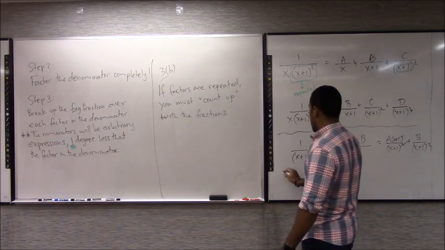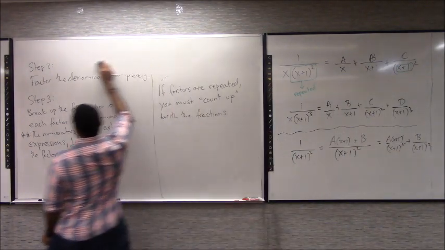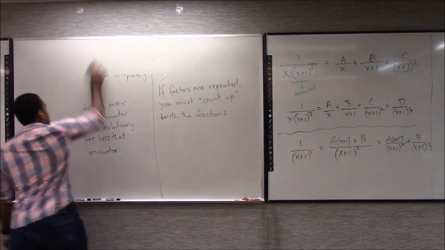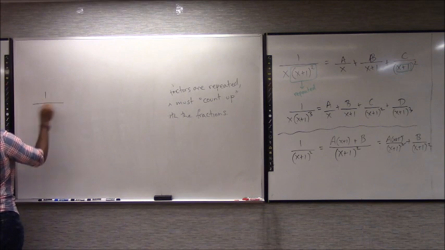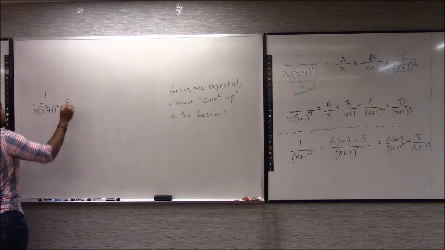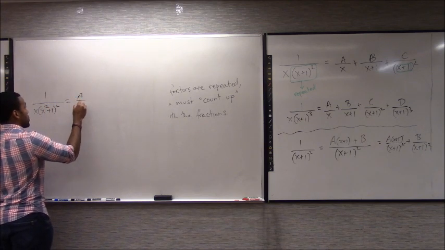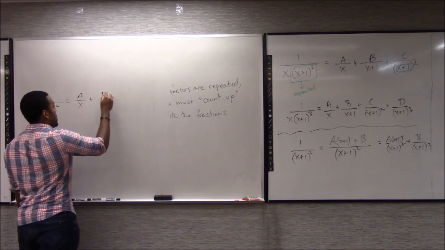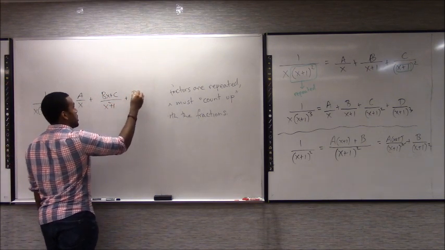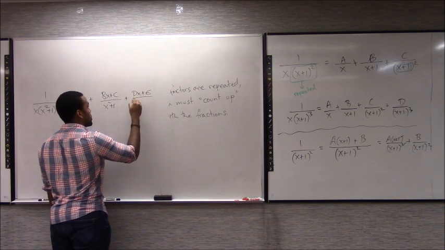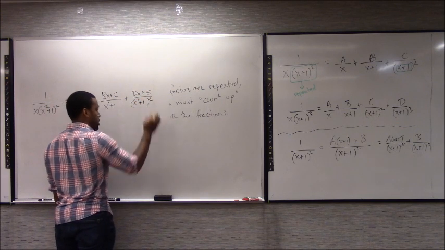If you had something like this, then this would be A over x plus bx plus c over x squared plus 1 plus dx plus e over x squared plus 1 squared.